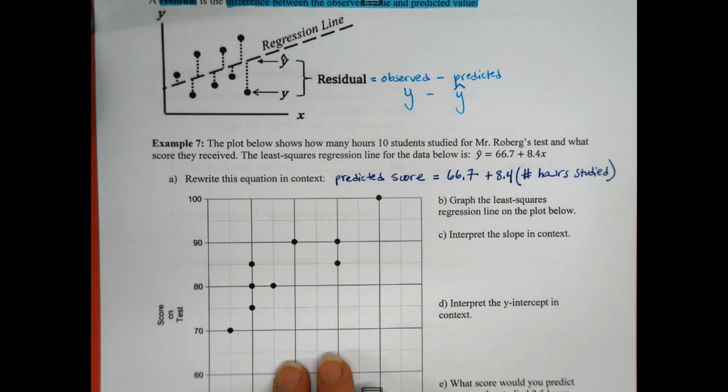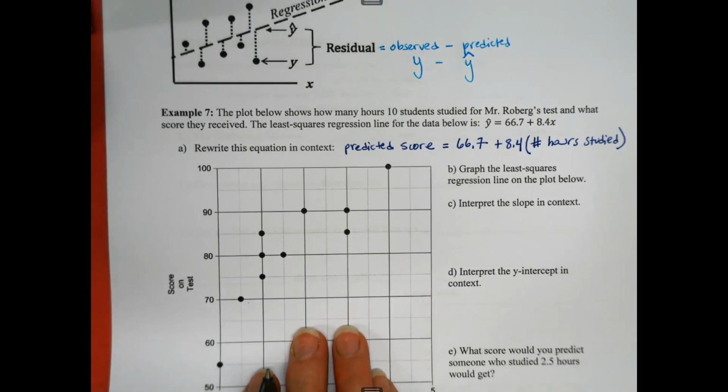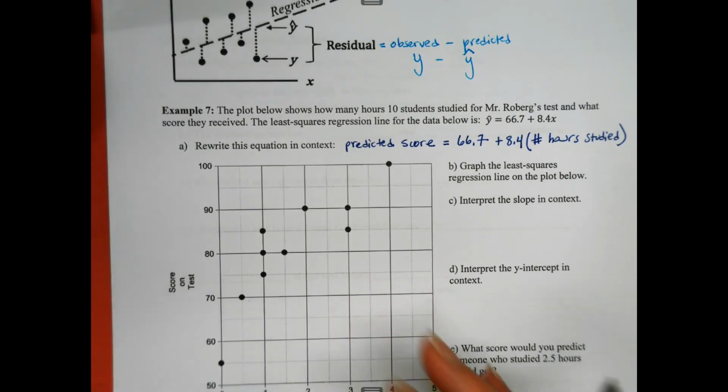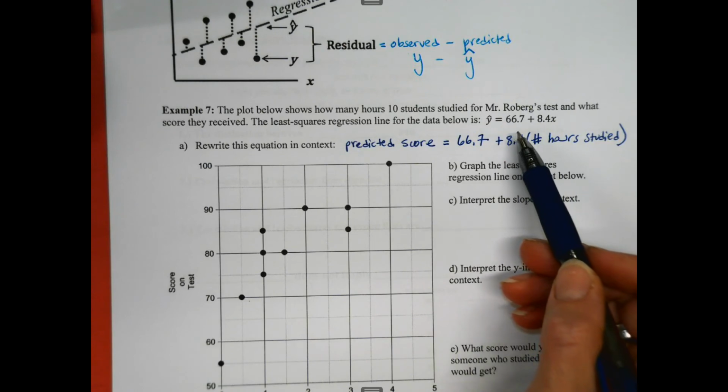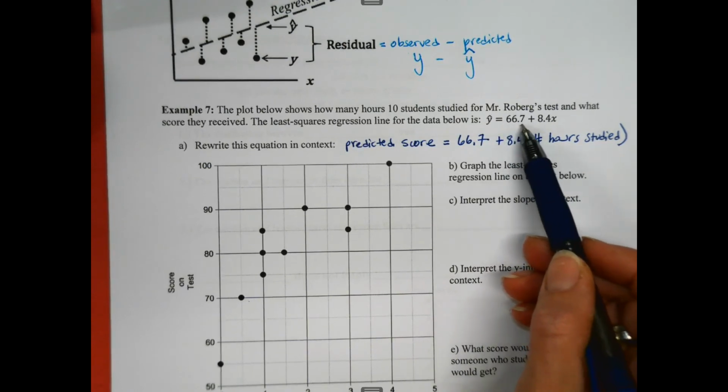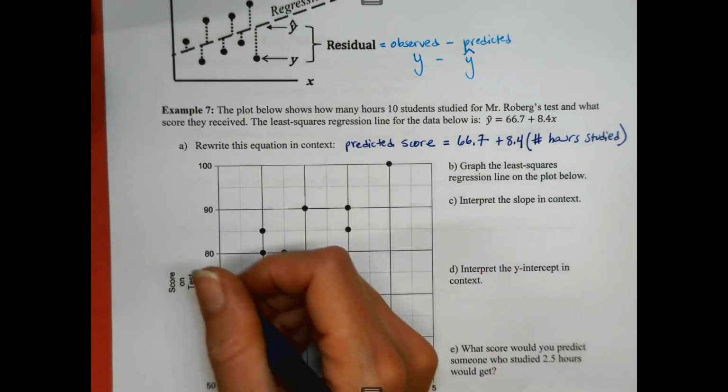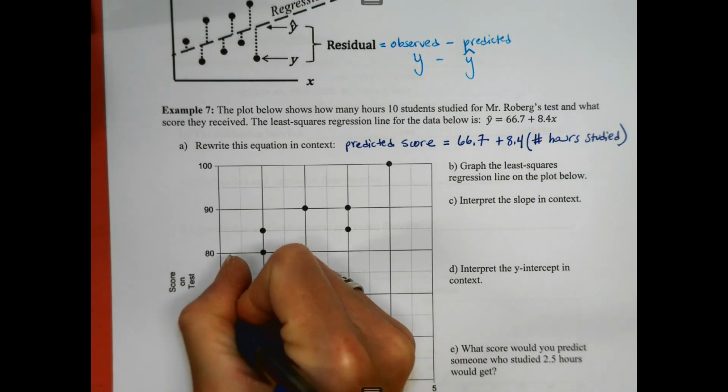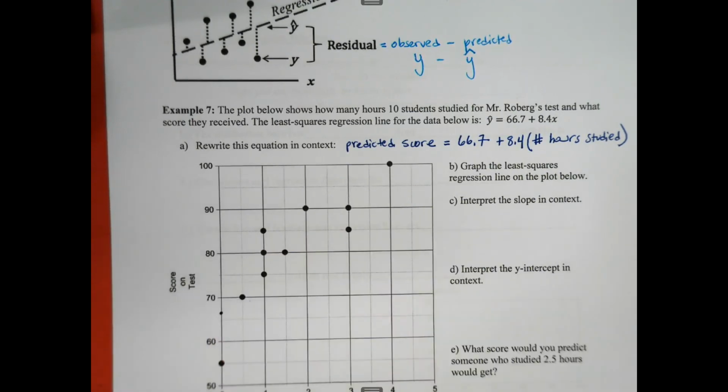Part B says to graph the least squares regression line on the plot below. Just like we would in Algebra 1, 66.7 is our y-intercept. I'm going to go to approximately where 66.7 would be.